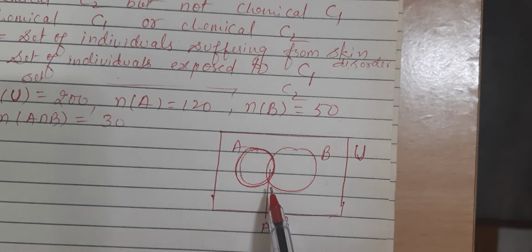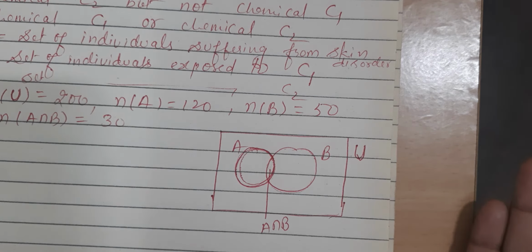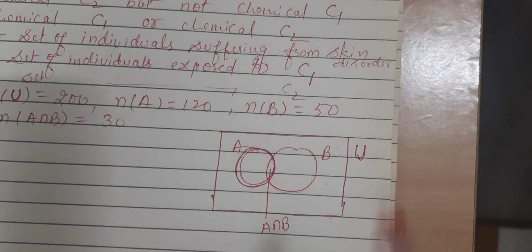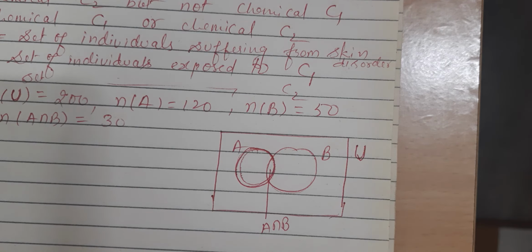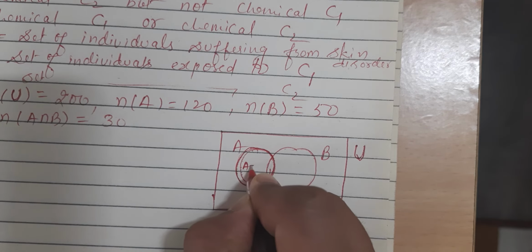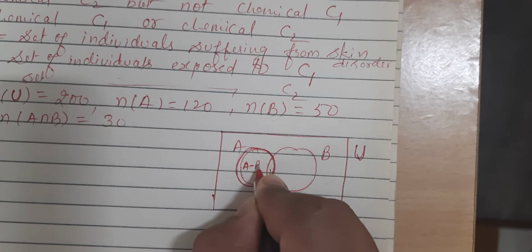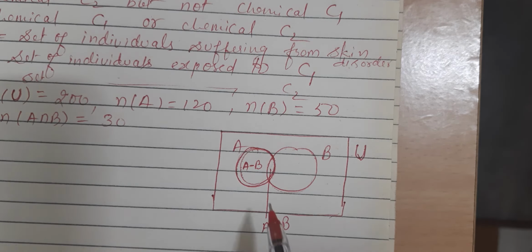What we have to find is the number of persons exposed to chemical C1 but not C2. This is the same as A minus B. What is A minus B?